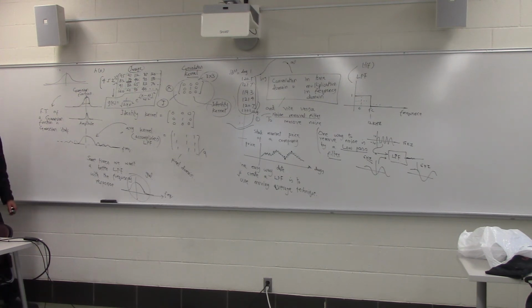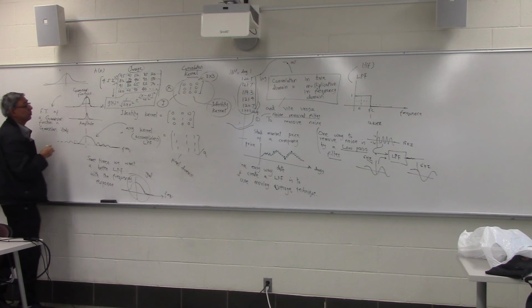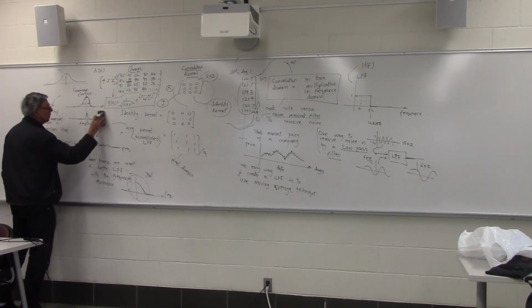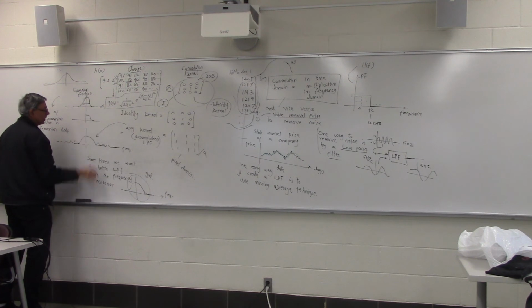If I gave you, let's pick this as an example, pretend this is in the time domain. What will it look like in the frequency domain? Same. In the frequency domain, it will also be Gaussian. Let me try to make it as close as I can to this one.